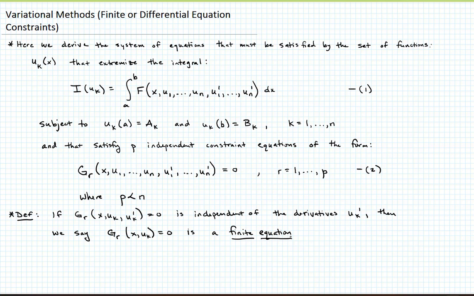Now we want to talk about how we extremize the functional subject to these p independent constraint equations.